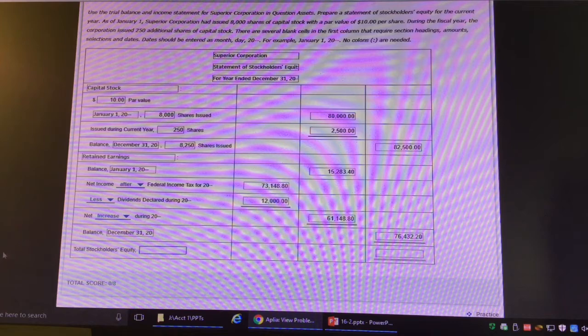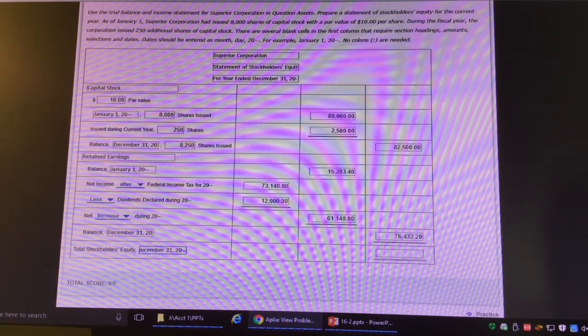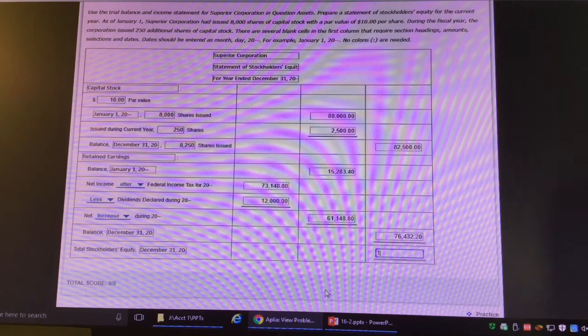To figure out the total stockholders' equity at the end of the year, December 31st, we combine the capital stock with the retained earnings. Once you add those two values, we have $158,932.20. And this completes the statement of stockholders' equity.